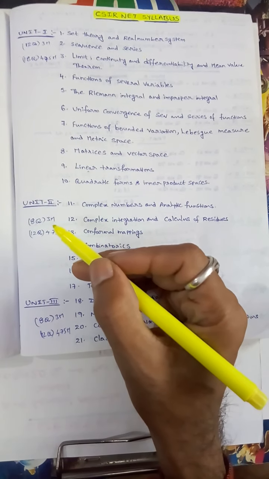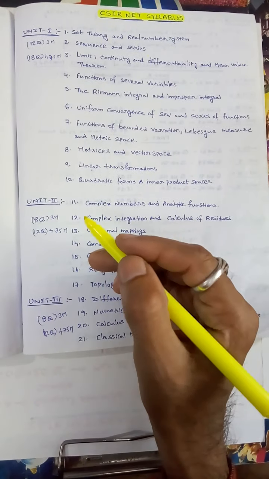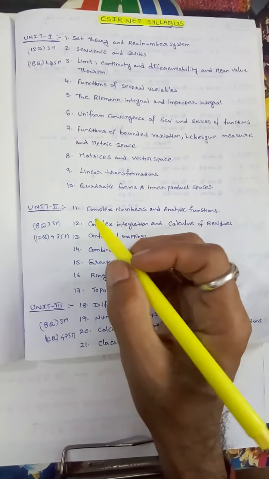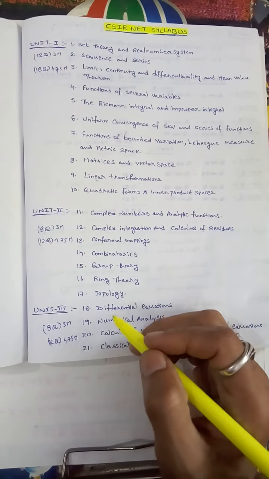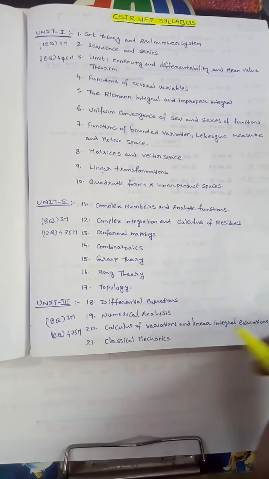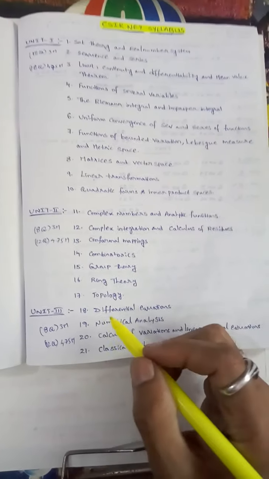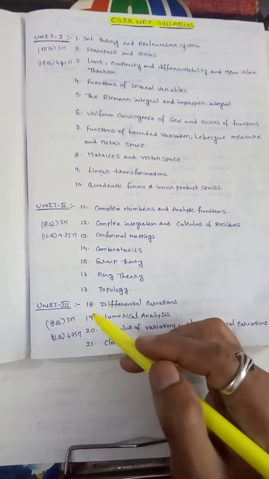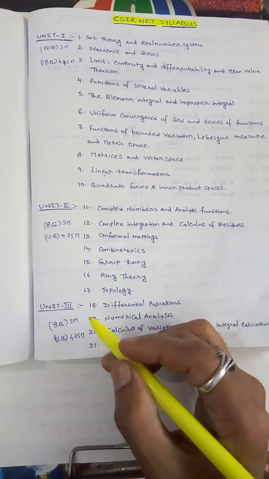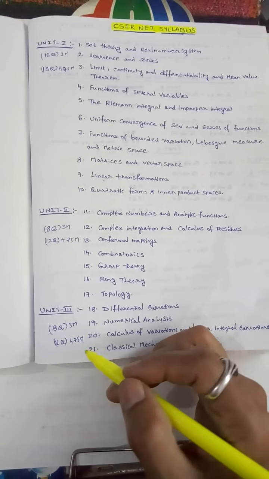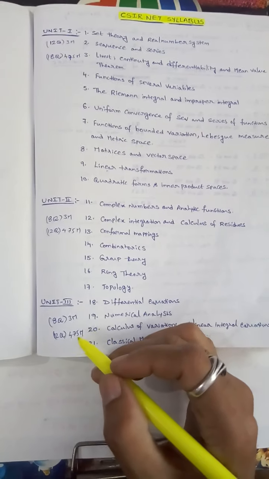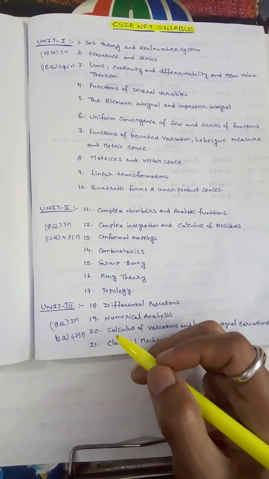Every year we are getting 8 questions of 3 marks, and 12 questions from Section C. And coming to Unit 3, that is differential equations, numerical analysis, calculus of variations and linear integral equations, classical mechanics, from Part B we are getting 8 questions, each carrying 3 marks, and 12 questions from Part C, each carrying 7.35 marks.